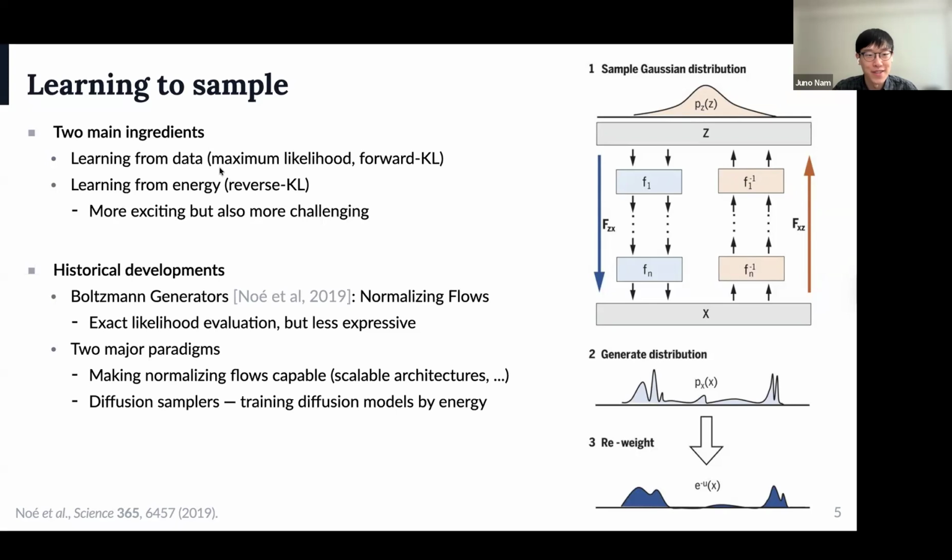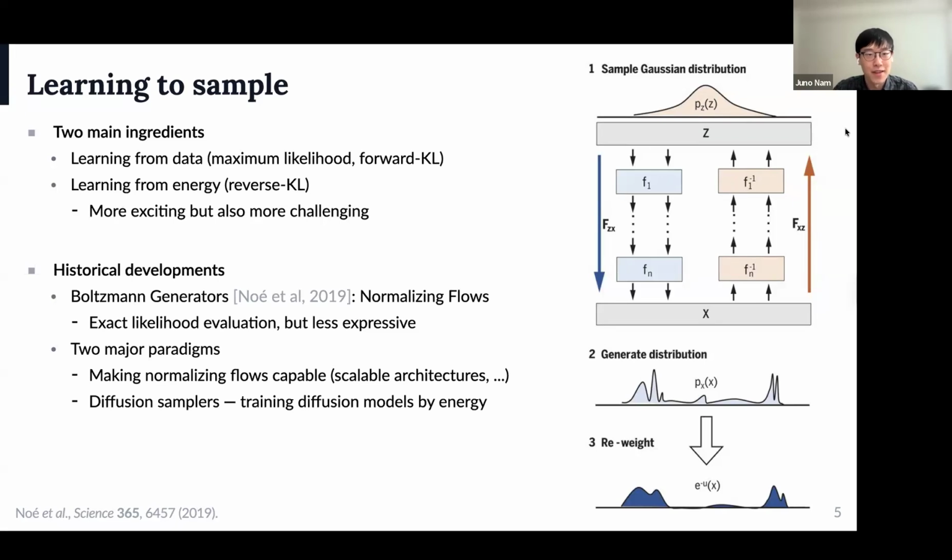Definitely, learning from energy is more exciting because it is costly to generate the data, since classical samplers like molecular dynamics or MCMC have slow mixing times, so we have to wait for a long time. But also, learning from energy is more challenging, for reasons that I will explain later.